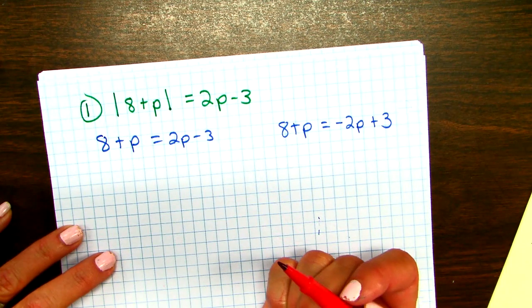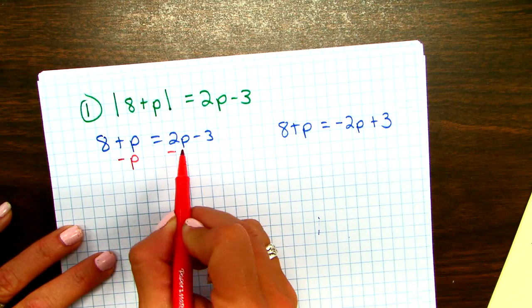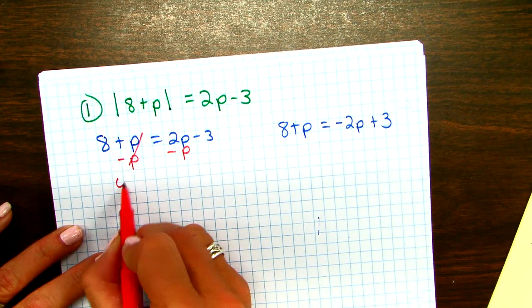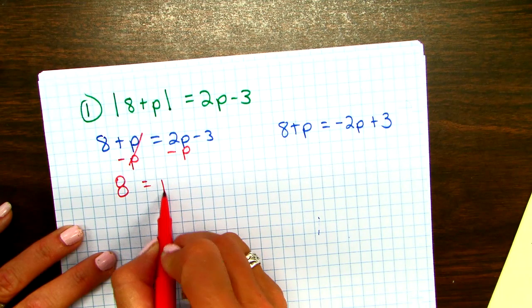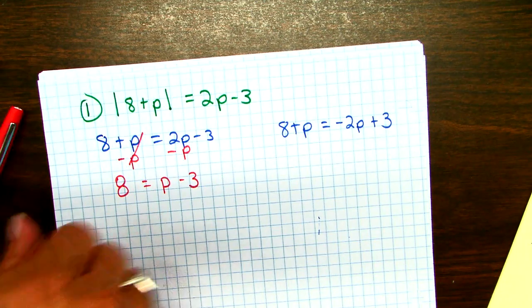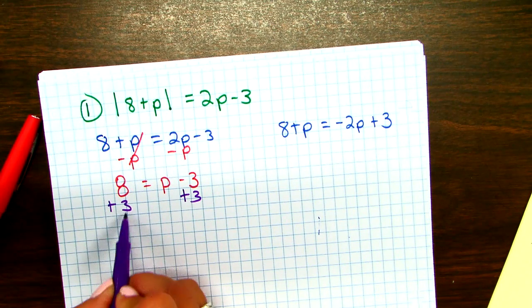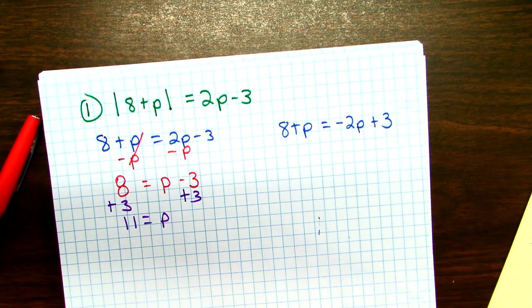All right, so you have to get your p's together. You can subtract p or subtract 2p. I'm going to subtract 1p from 2p. I just like to get positive answers. If you did it the other way around, you're still going to get the same answer as me. Everyone should have p equals 11, 11 equals p, either way.